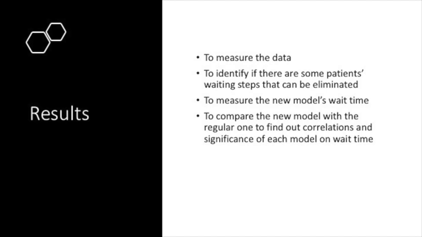After that, we can come to a conclusion on whether the process that we developed is effective for reducing wait time for the patients, or whether a new study or research needs to be done to identify a new process or new approach to eliminate waiting time and improve the quality of care in the emergency department for the patient.